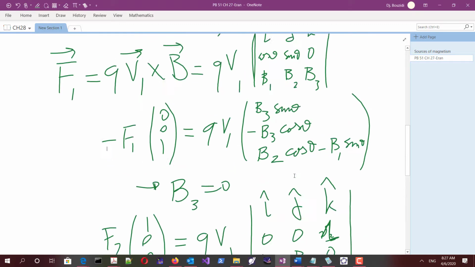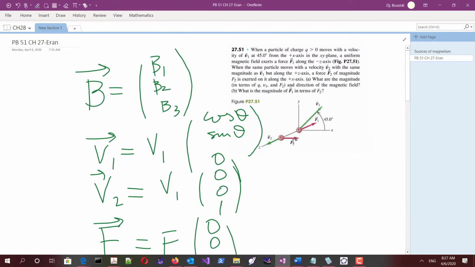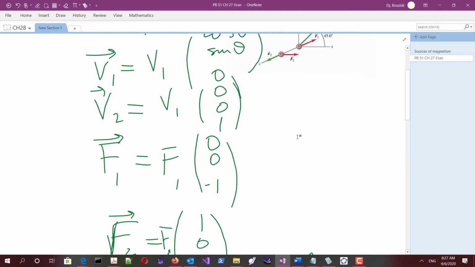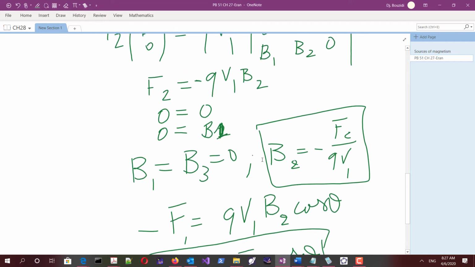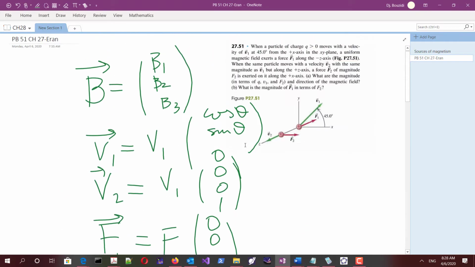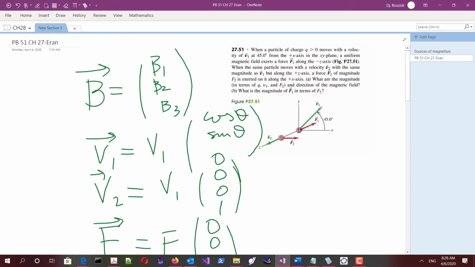Why is it 0? Because remember, you have V cross B, and B is already in the y direction, so if you put B along the y direction, there should be no force. And in the general discussion, force F1 should be less than F2, because F2 is the maximum force you're going to produce in this direction. That's how the whole argument goes.